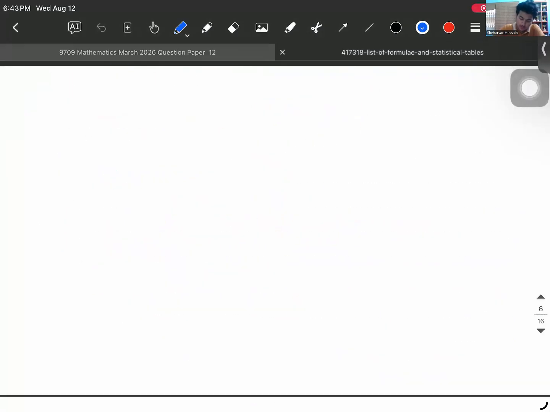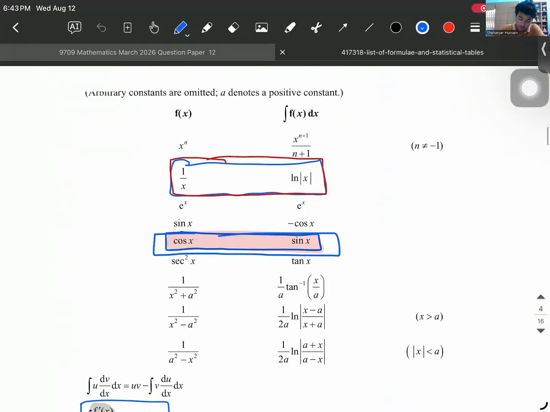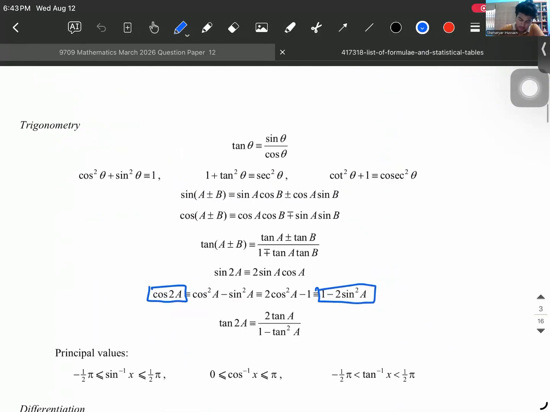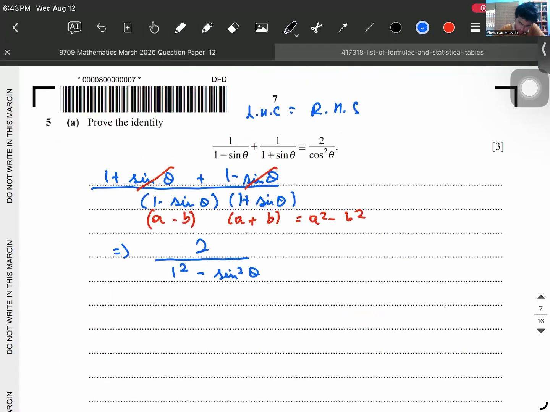Okay, now I think if you open the MF19, I hope we'll find the equation. I remember there being an equation for that, but okay. So if you look closely, we have over here 1 minus 2 sine square theta equals cos 2 theta. Are you sure this is the equation? Okay, let me first simplify it. So this turns out to being 2 upon 1 minus sine square theta.